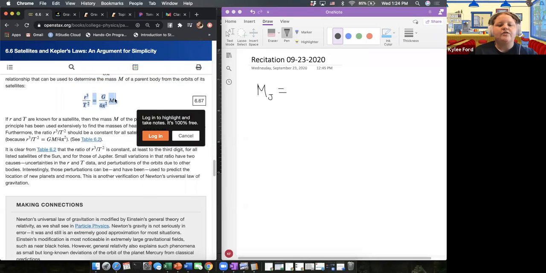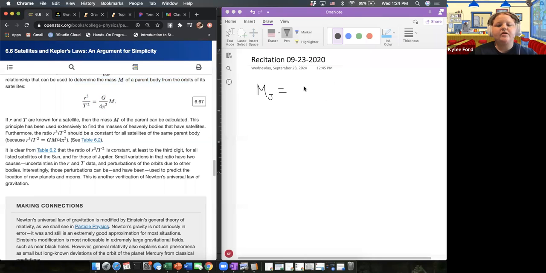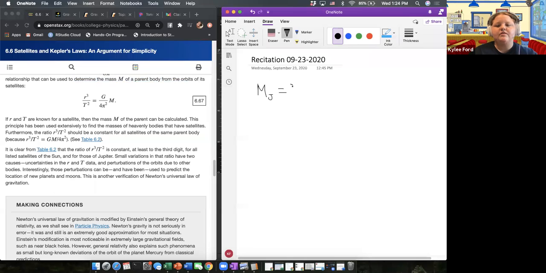So I'm going to solve for my mass here. So I'll say 4 pi squared divided by G, and then that will be times R cubed divided by T squared.